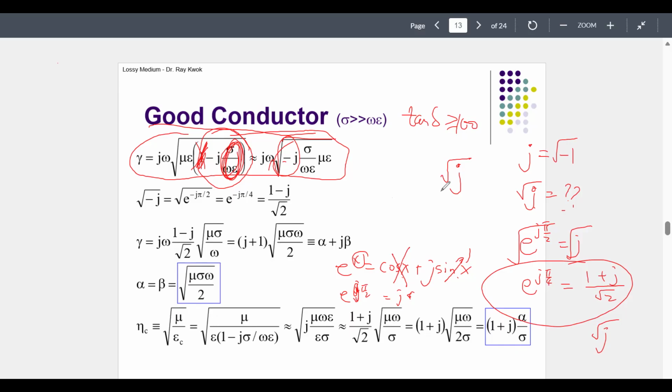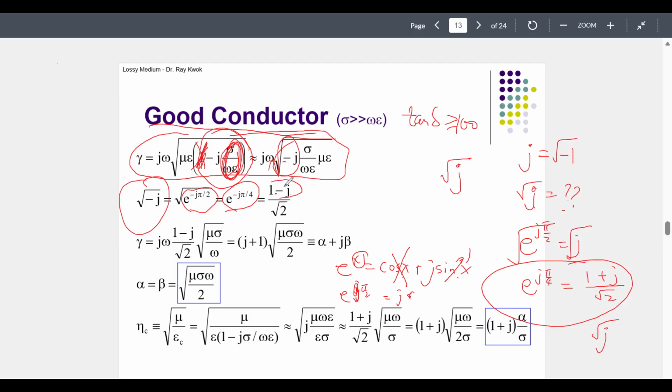So what is the square root of minus j? The square root of minus j is the square root of e to the minus j pi over 2, a minus 90-degree phase shift. When you take the square root of it, you divide the exponent by 2, and now it's a minus 45-degree phase shift.